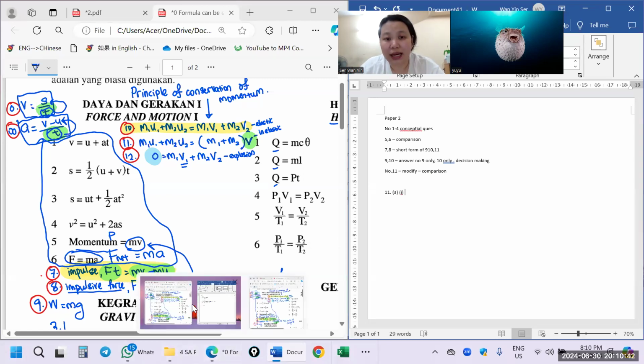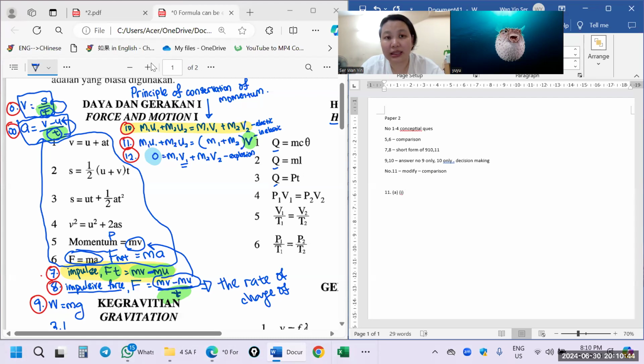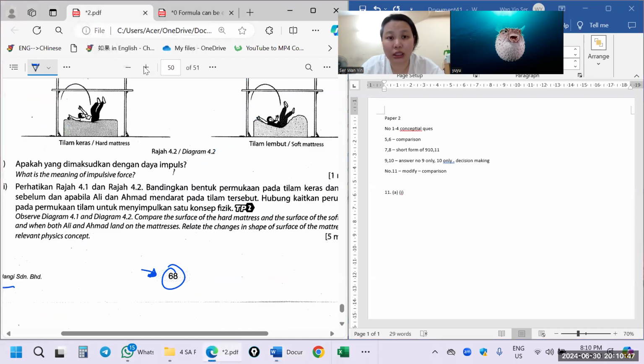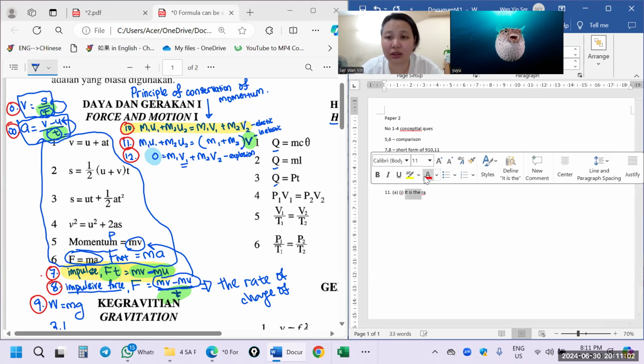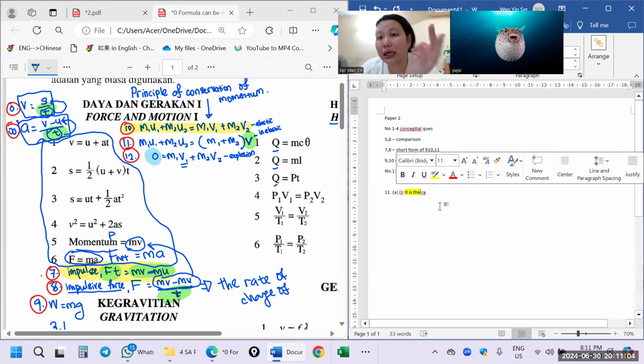And we always write in the complete sentence. Okay, they say, what is the meaning of impulsive force? So we can always start with this, the, and the. Okay, you always start your sentence for definition with 'it is' and 'the'.